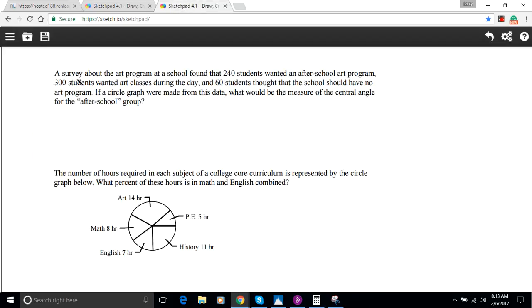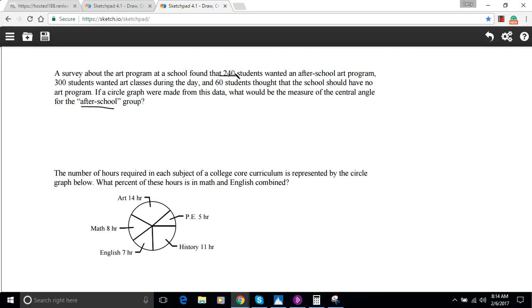This one here says a survey about the art program at a school found that 240 students wanted an after-school art program, 300 students wanted art classes during the day, and 60 students thought the school should have no art program. If a circle graph were made from this data, what would be the measure of the central angle of the after-school group? Okay, well, the people who wanted after school, there were 240 of them.